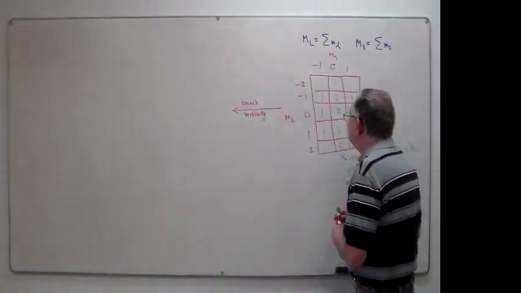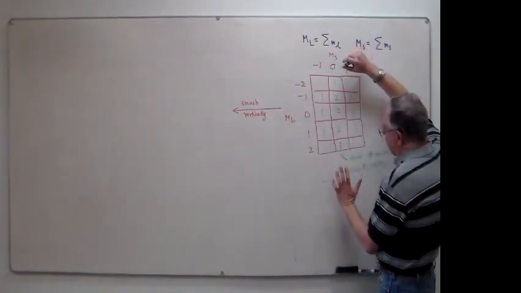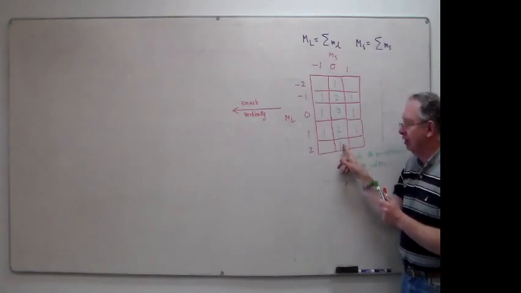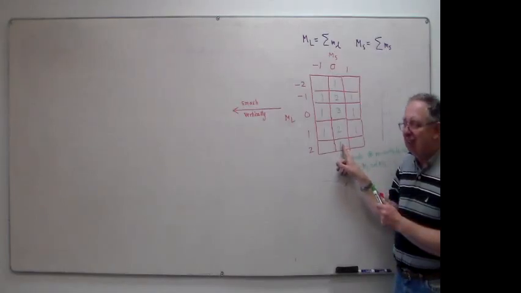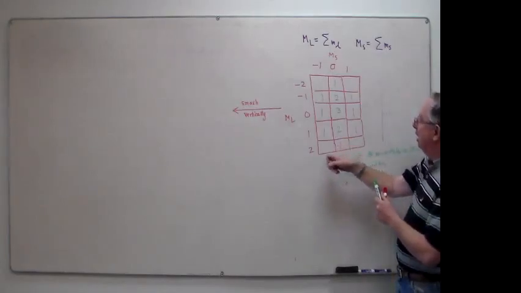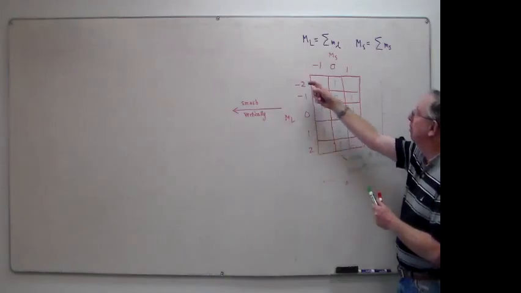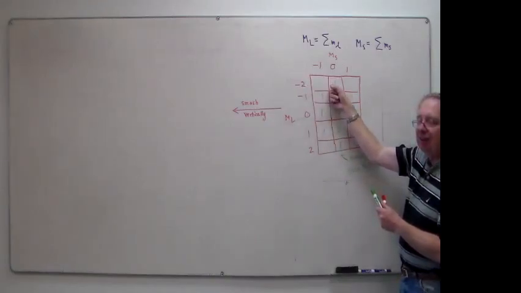Now, you have the jaws of the trash compactor. What ones do they hit? They hit m sub L equals 2 and m sub L equals minus 2, right?